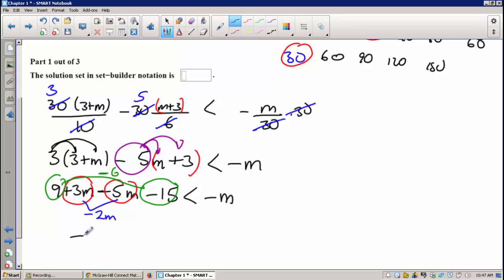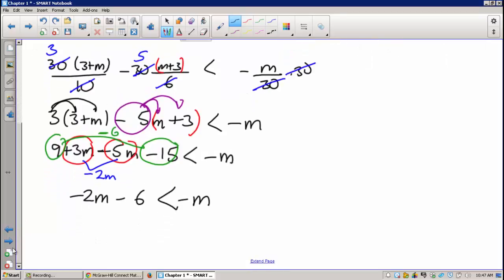So minus 2m minus 6 is less than minus m. Okay, are we there yet? Almost. We still have like terms.